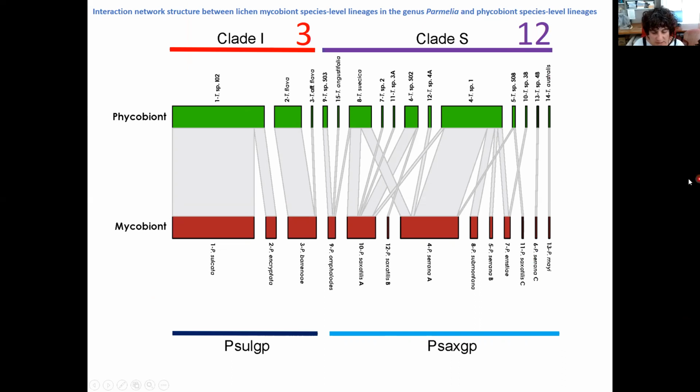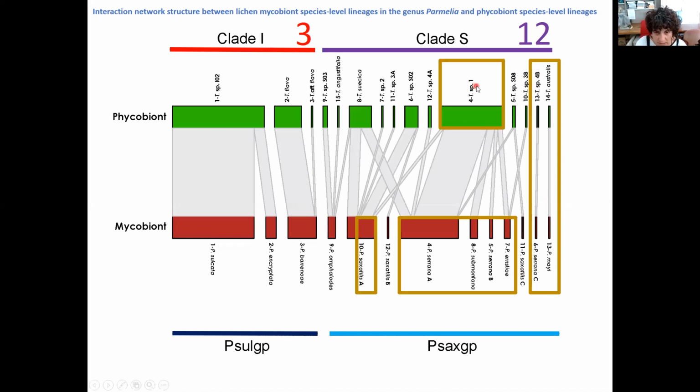Several algal species-level lineages showed specificity towards a single Parmelia species, such as Trebouxia australis, which associates only with Parmelia mayi, or Trebouxia sp4b, which associates only with Parmelia serrana C. Others were not specific towards a single mycobiont.